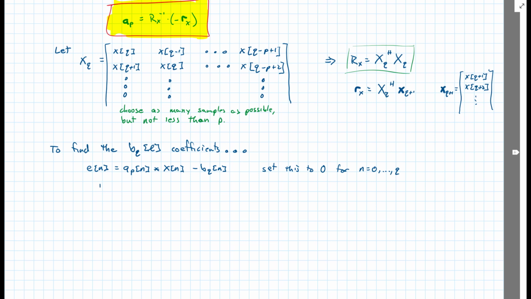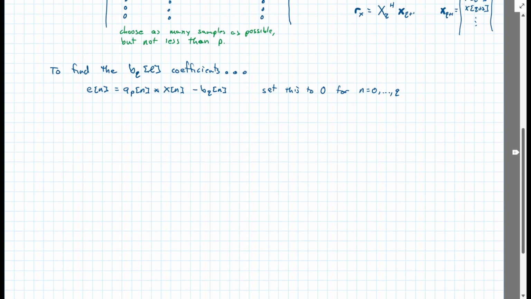Well, that just gives us bq of n is equal to, amazingly, ap of n convolved with x of n. Oh, that's it. Okay, let's spend just a moment and figure out why this works and what's going on.